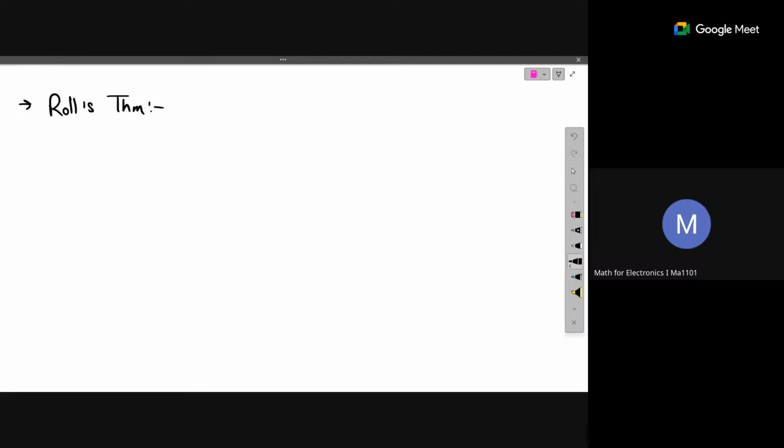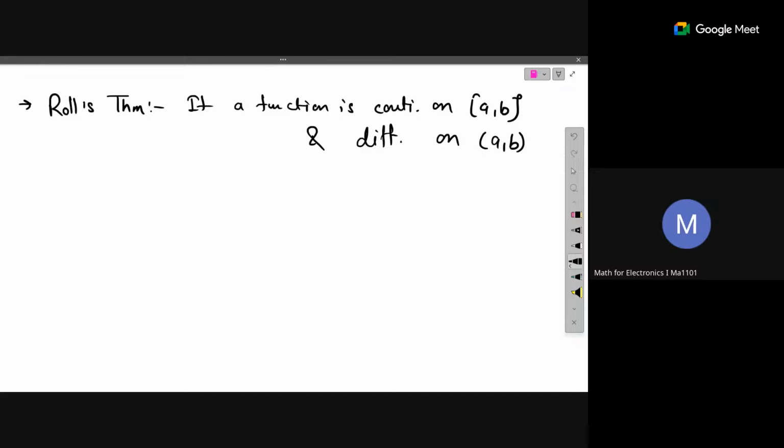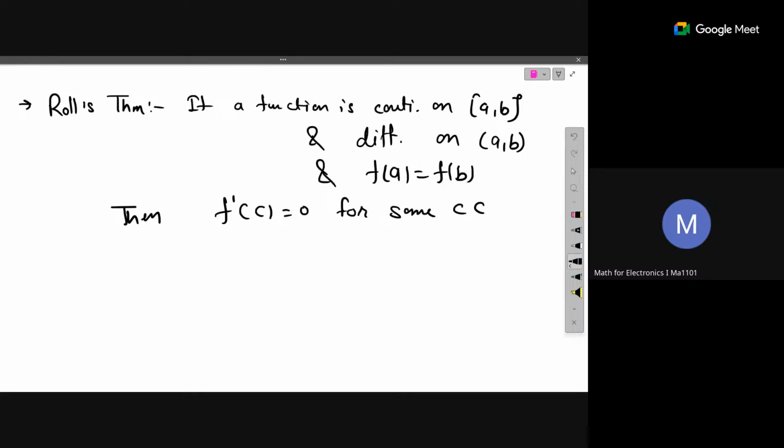So what is Rolle's theorem? Rolle's theorem says that if a function is continuous on closed interval [a, b] and differentiable on open interval (a, b), and here we have three conditions: continuity, differentiability, and f of a equals f of b, meaning the function attains the same value at these two endpoints, then the conclusion is that f dash at c equals 0 for some c belonging to open interval (a, b).